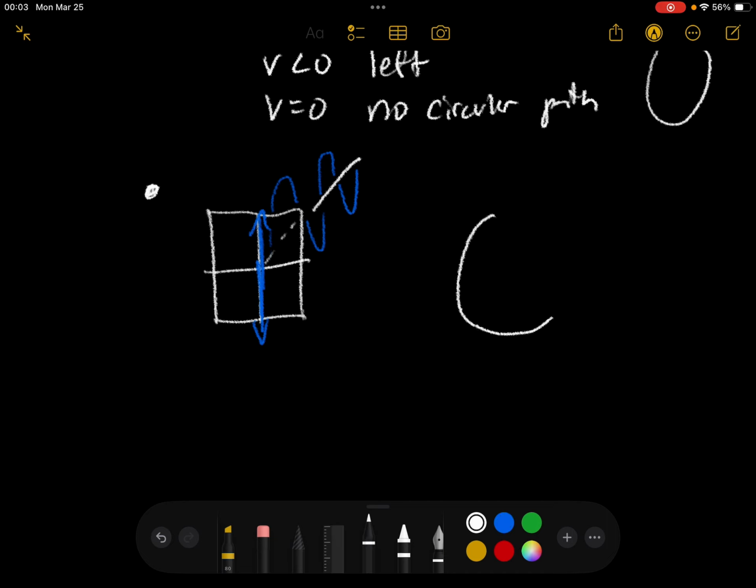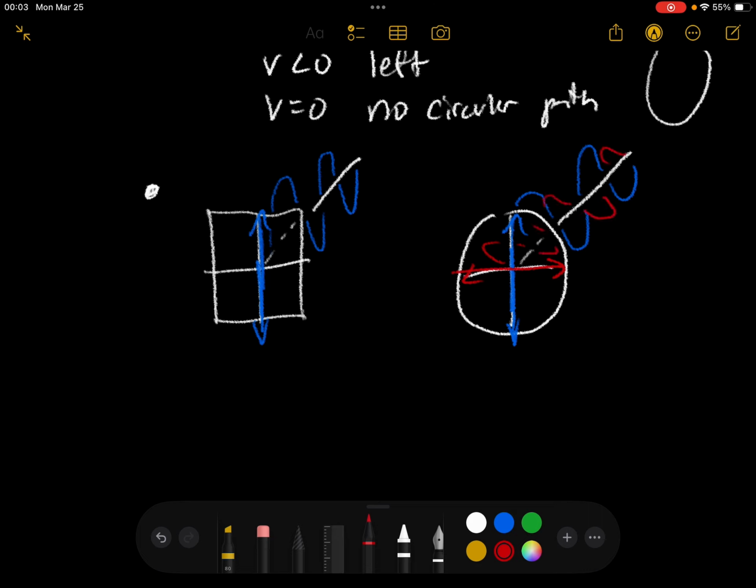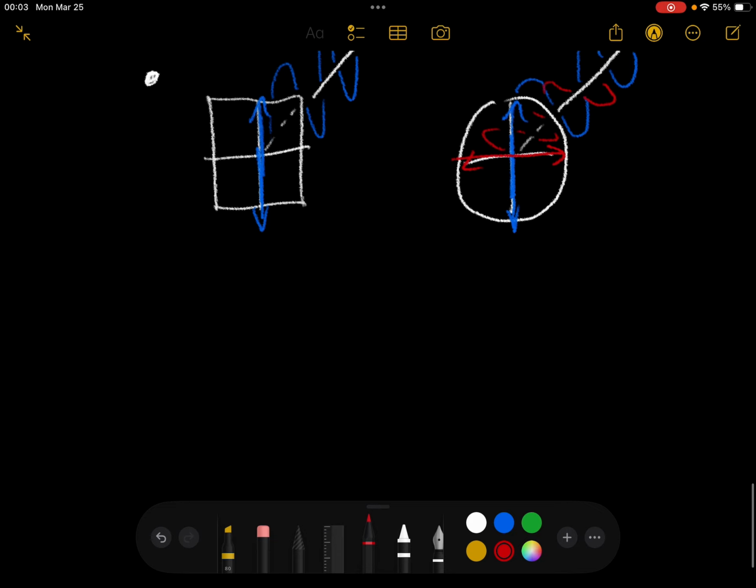While for circular, it would be in a circle along two planes, which might be a bit hard to draw. And then the red would be perpendicular to that. So yeah, excuse my drawing. And then the elliptic would just be also like a circle, but oriented a bit differently.